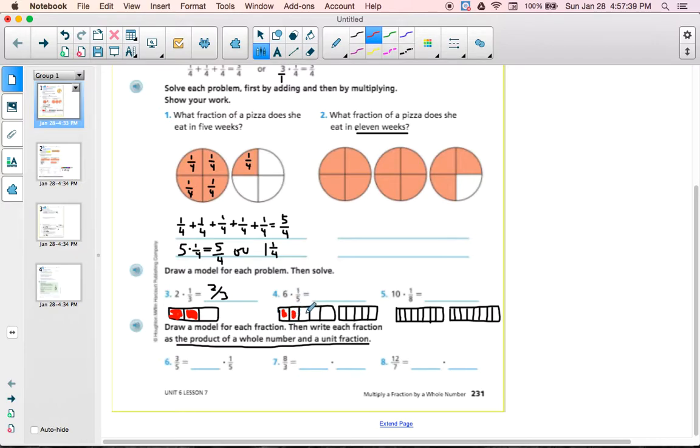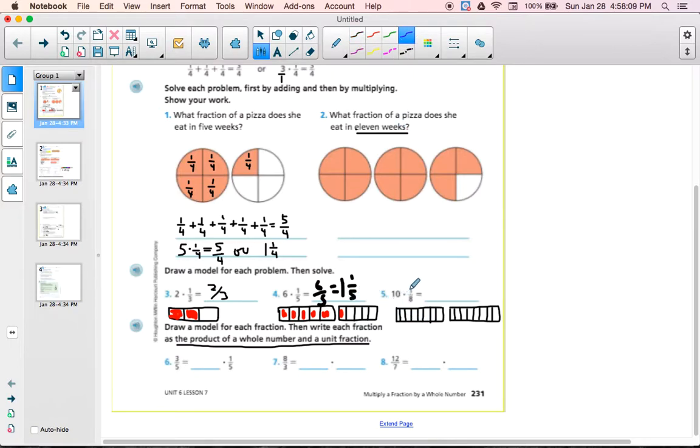That's 2 1/5, 3 1/5, 4 1/5, 5 1/5, and 6 1/5. So 6 times 1/5 is 6/5. Or it's 1 whole and 1/5 of another one. So 6/5 or 1 1/5.